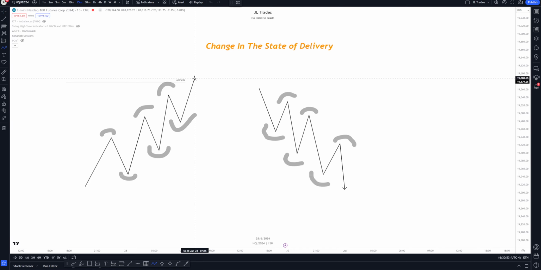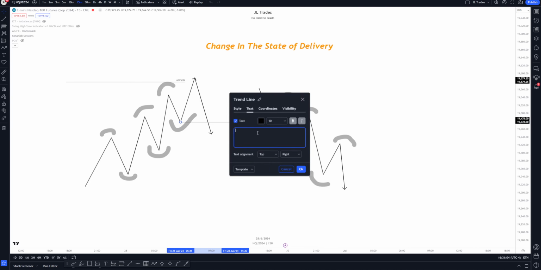So when price reaches that level, you would want to see, for a change in state of delivery, price to come down and break this low and close obviously below it.